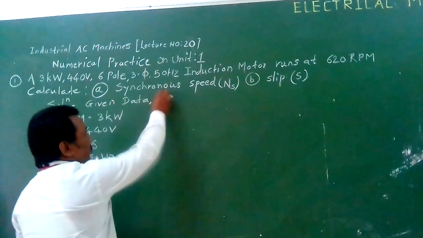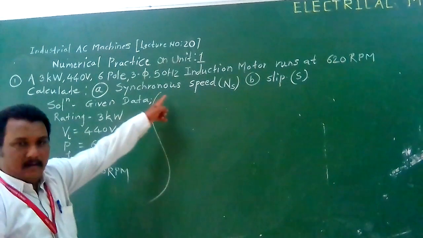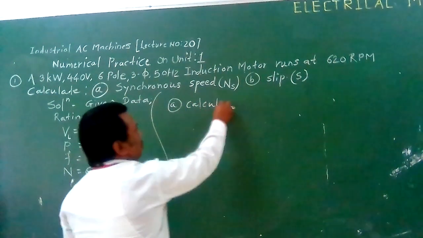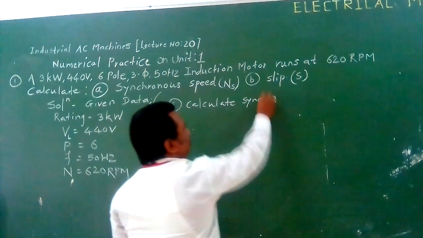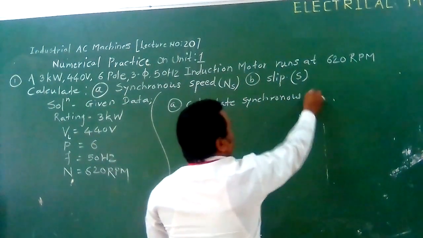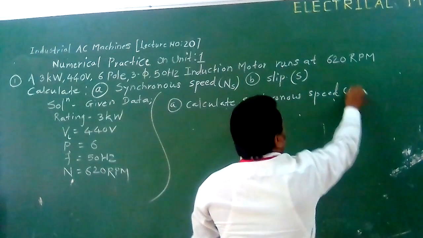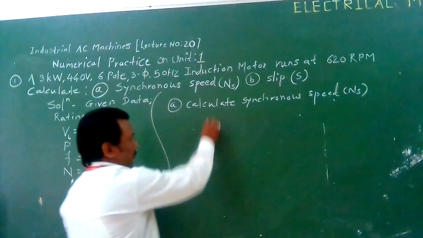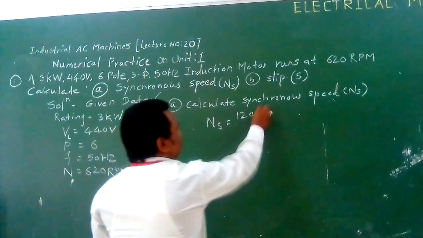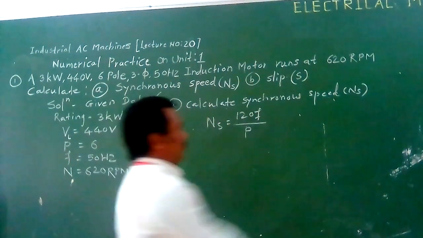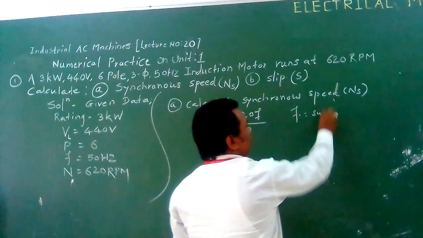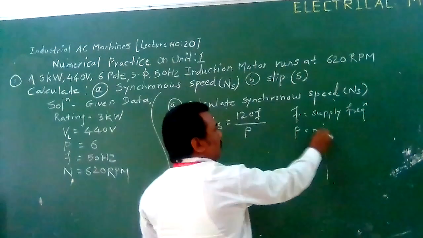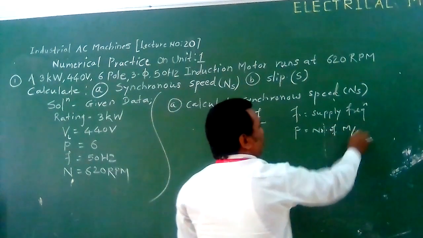So first of all, calculate the synchronous speed ns. We know that the formula for synchronous speed is ns equal to 120 f upon p, where f is the supply frequency and p is the number of machine poles.